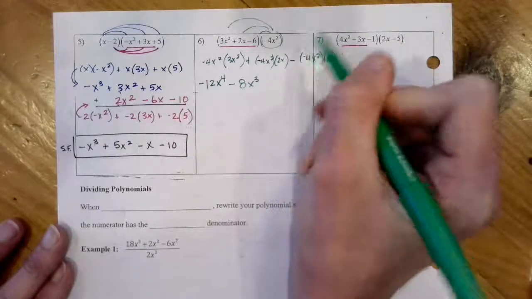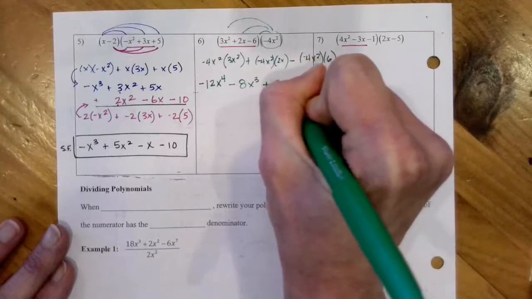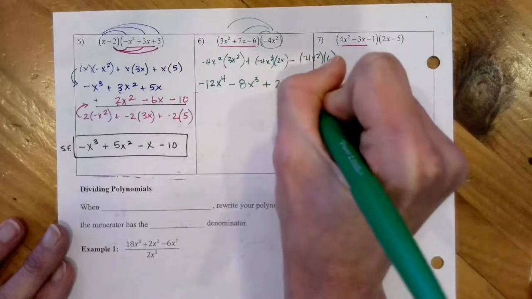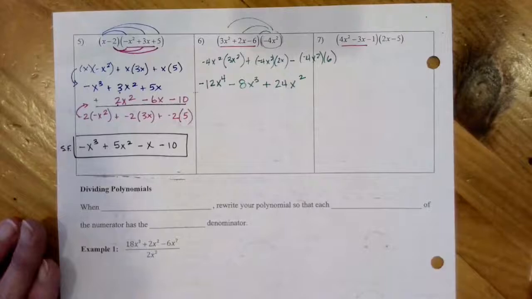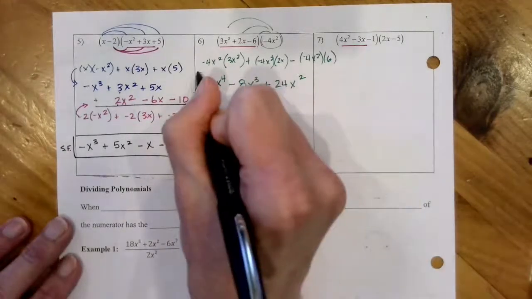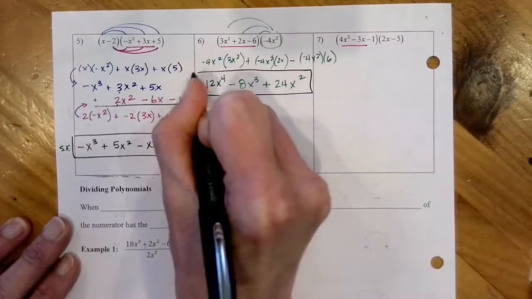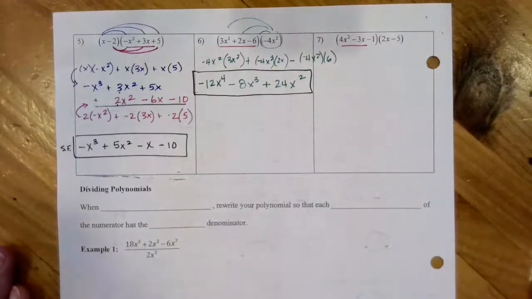And these two negatives are going to create a positive 24x squared. And that counts as standard form. My powers are decreasing from highest to lowest. And down I go.